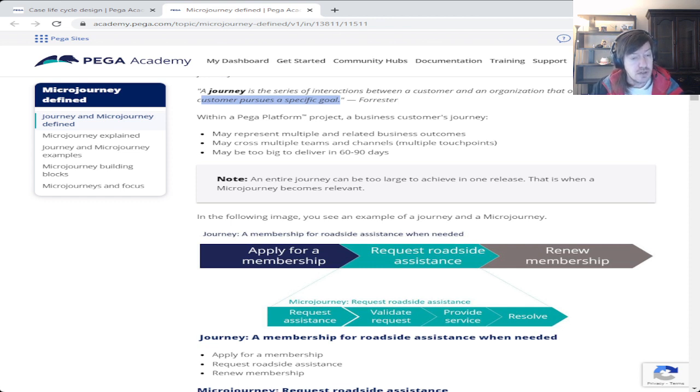Applying for membership and renewing membership are their own specific goals.